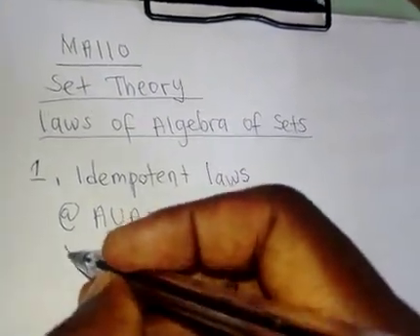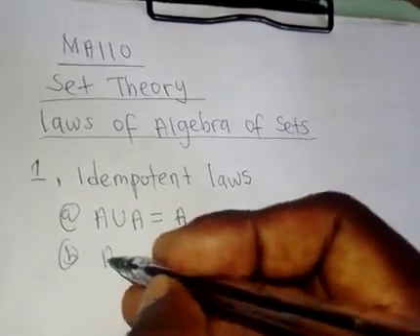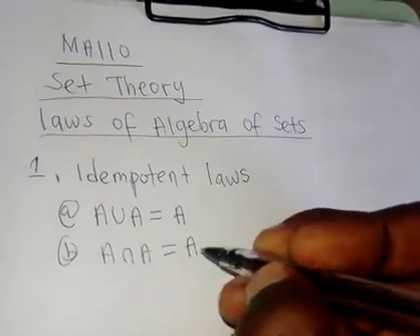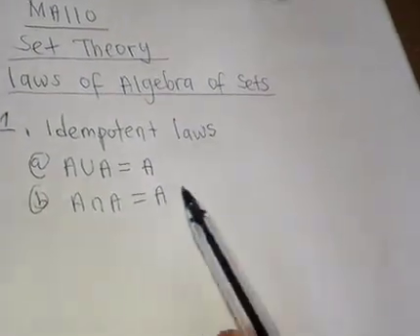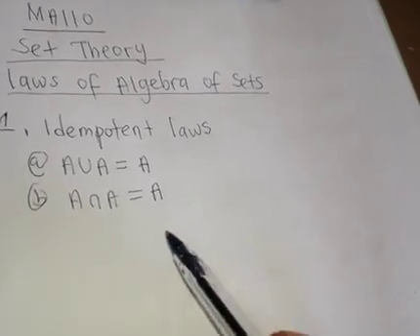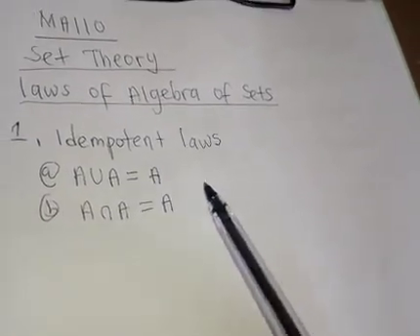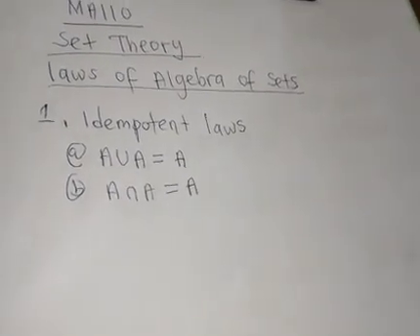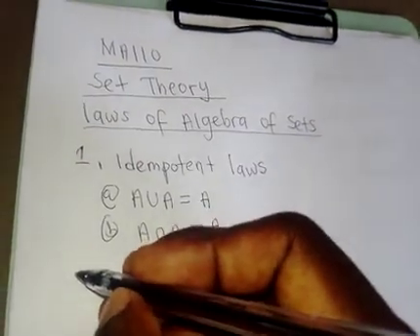Then the other one is A intersect A is equal to A itself. So if you have a set A, then the union of a set with itself is that set itself. A intersect of a set with itself is that set itself.